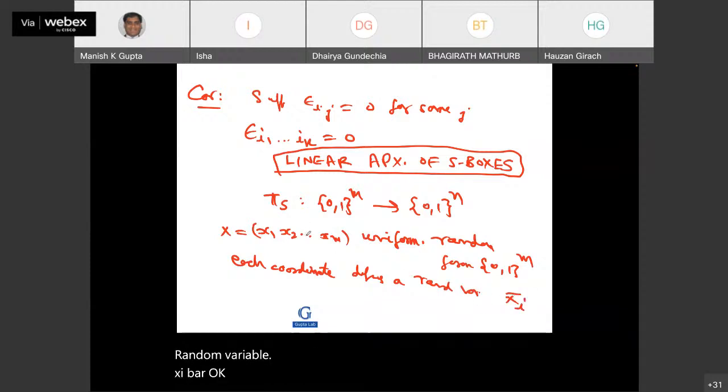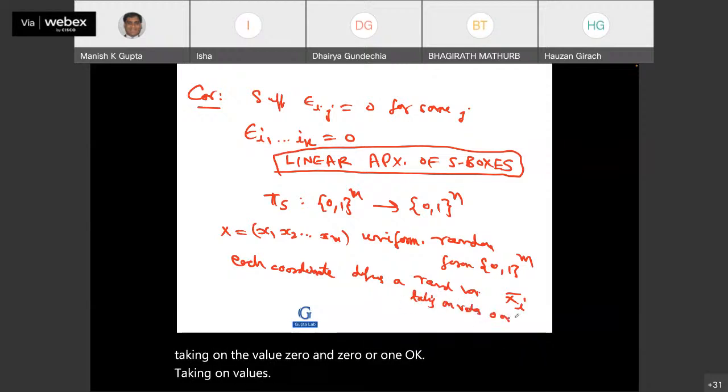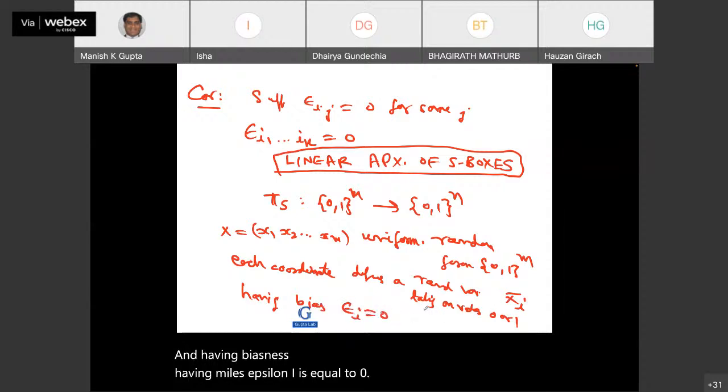So if I pick an xi here, I'll have an xi bar here, taking on the values 0 or 1, and having bias epsilon i equal to 0 for that particular random variable.